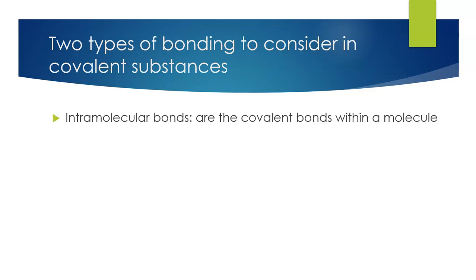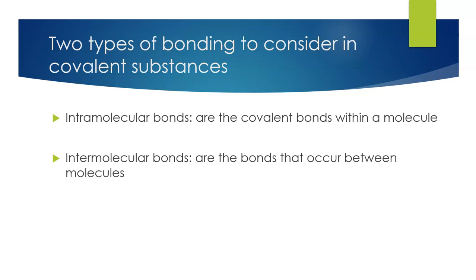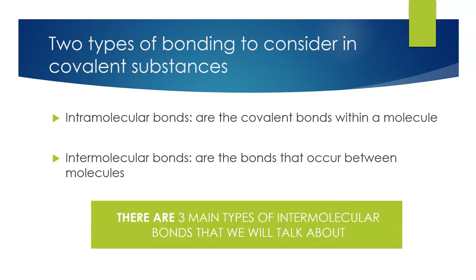So when we consider these, we need to remember there's intramolecular bonds, which are always the covalent bonds, and the inter, which are the bonds that occur between molecules. We're not talking ionic compounds, we're not talking metals, it's only for covalent molecules. There are three main types of intermolecular bonds that we will talk about, and you need to be able to arrange in terms of their strength and discuss how they form.